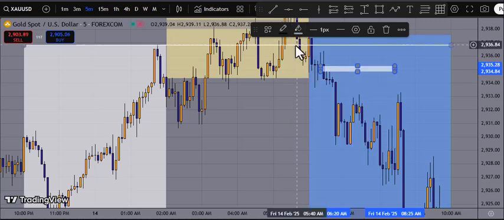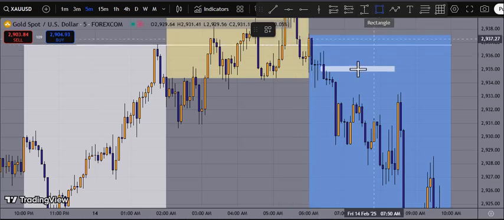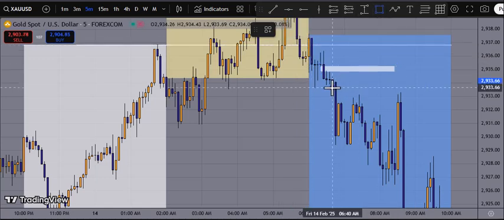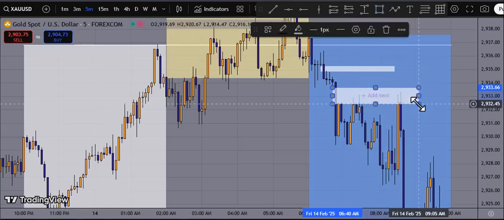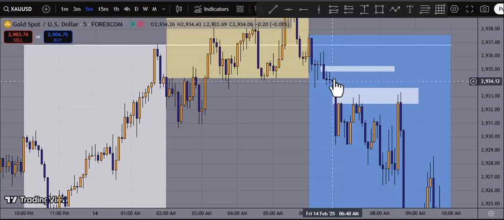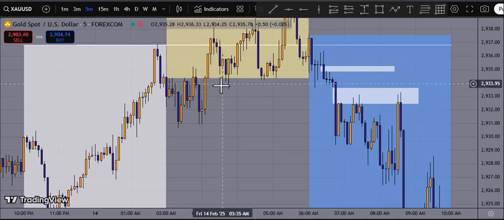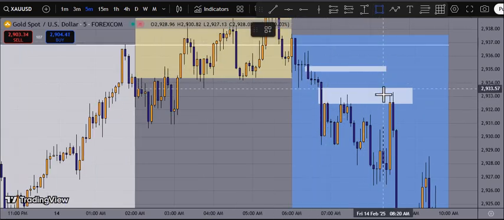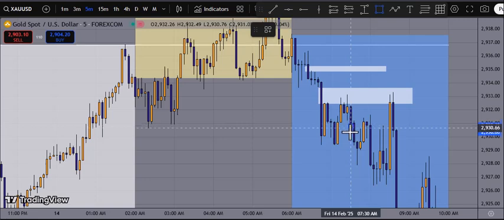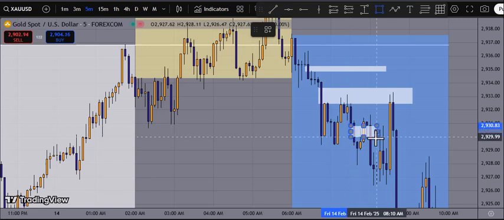Okay, but after that we'll clearly have a fair value gap here. So let me draw it out. See, and this fair value gap formed after price had displaced these lows. Makes sense. Maybe you still don't take this one. Another fair value gap is here to accommodate you.